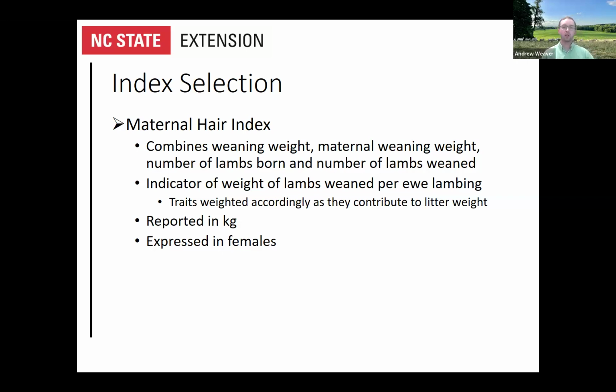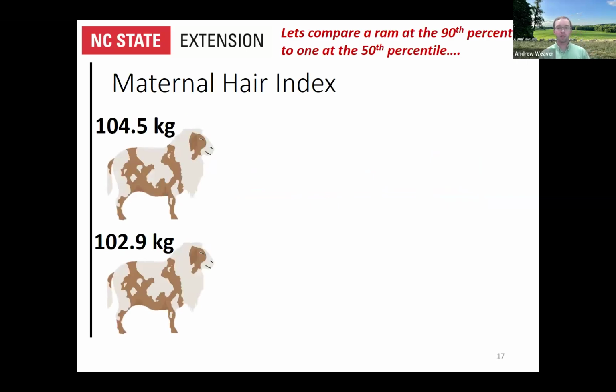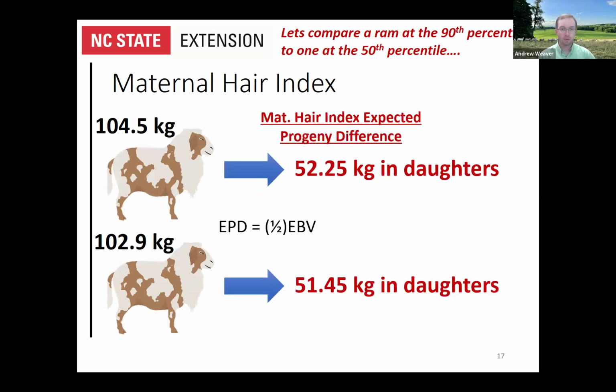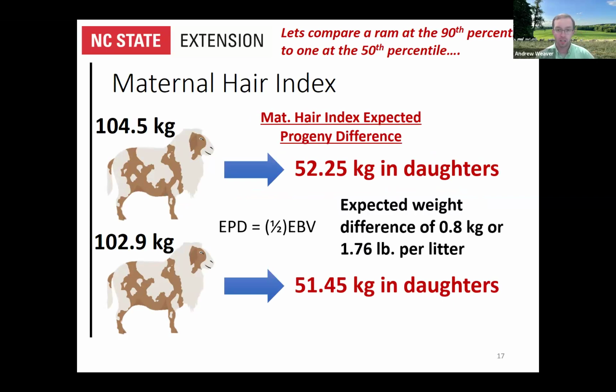And so what does this look like? Right now, rams in the 90th percentile are going to have a maternal hair index of 104.5 compared to rams at breed average, 50th percentile, of 102.9. Again, they're only going to pass on half of that to their offspring. So we divide it by 2, and start comparing differences in litter weights between the daughters of these 2 rams. And we would expect differences of about 0.8 kilograms or 1.76 pounds per litter.